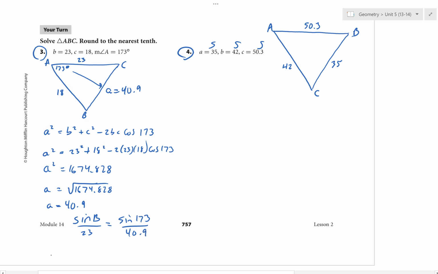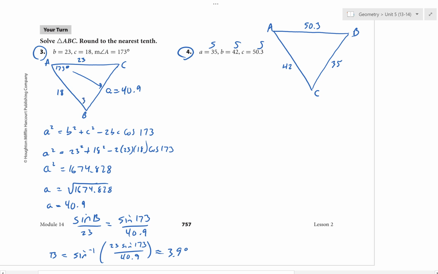So then B is equal to the inverse sine of 23 sine 173 over 40.9, and that is about 3.9 degrees.